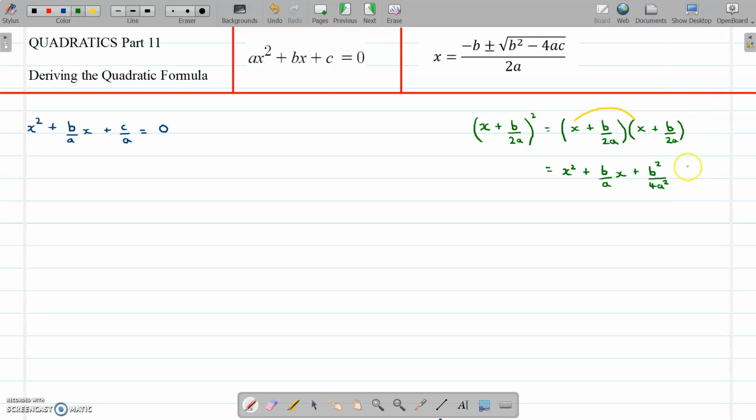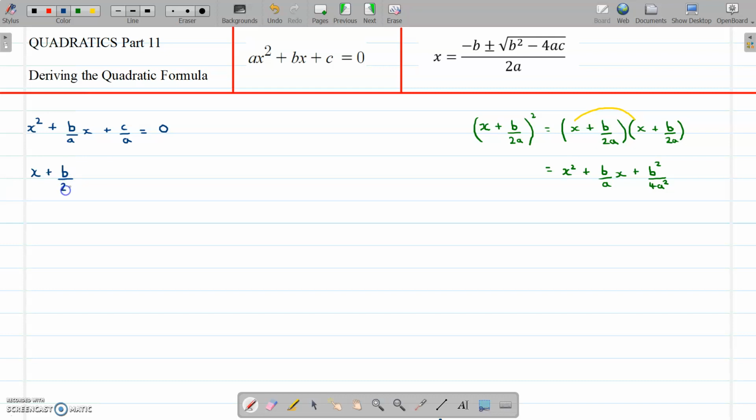So the residue, the leftovers, if you like, is this bit here. What I'm really saying here is that if I take that away, I'm left with x squared plus b over ax, which is the first part of this. So I can now go back over here and say that this is the same as x plus b over 2a all squared.